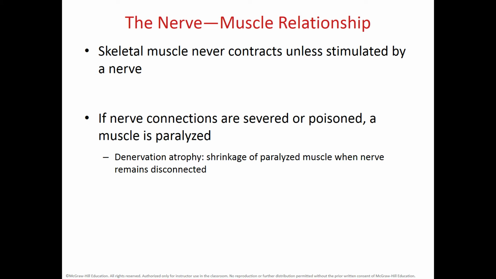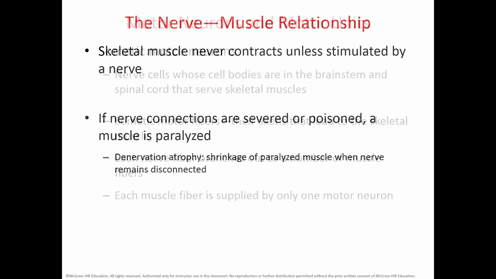Why? Because this stimulus of the nerve keeps this muscle fiber at a certain thickness or size. And this is not chronic, this is just temporary. So that's why after a certain period of time, after the cast has been removed, it regains its normal size.